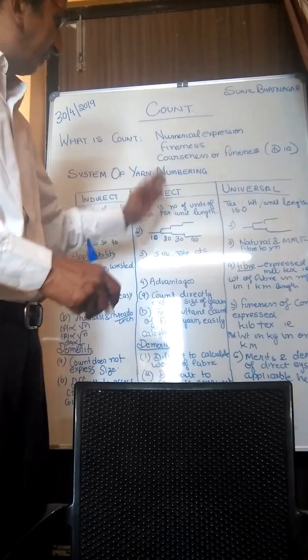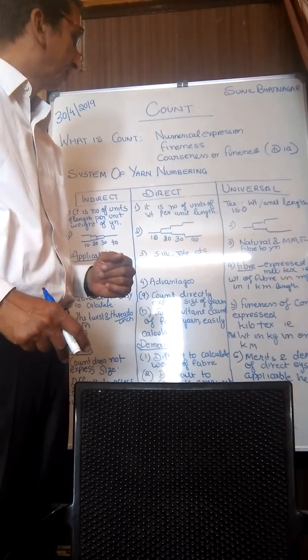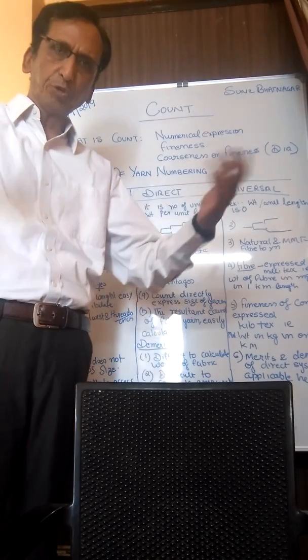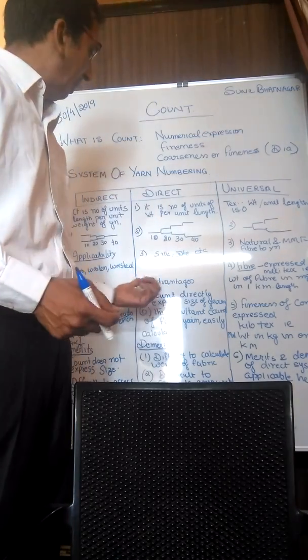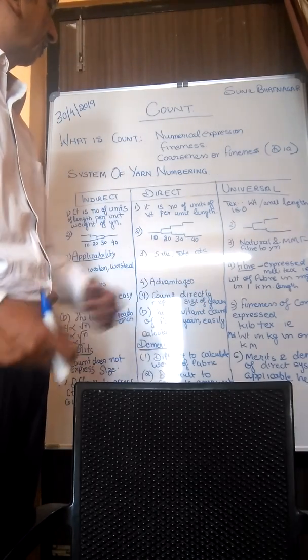Now, friends, the direct system. It is normally used for silk and jute. Here tex and denier are used. Then what are the advantages? The count directly expresses the size of the yarn.